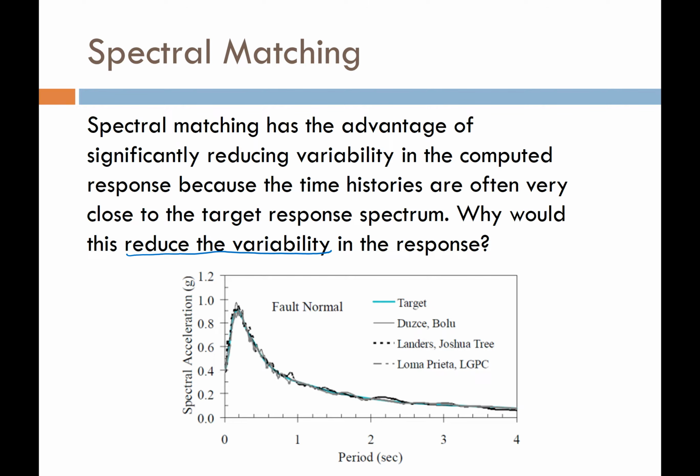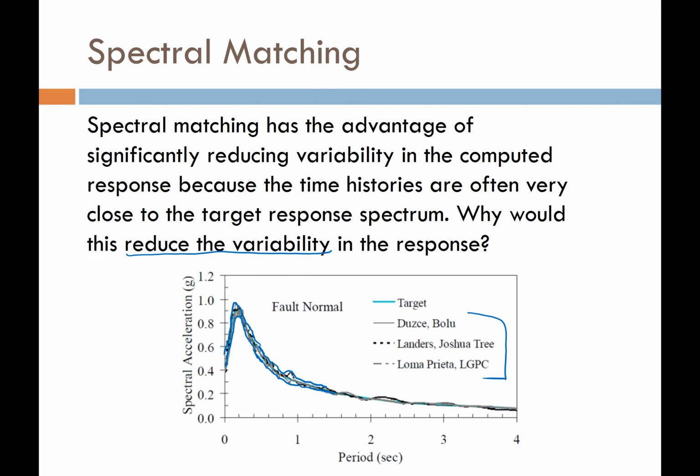Well, look, I have 3 time histories plotted with my target, and look how close the 3 time histories are to my target. If I plot the upper and the lower bound from all 3 of these response spectra, they're practically right on top of my target spectrum.